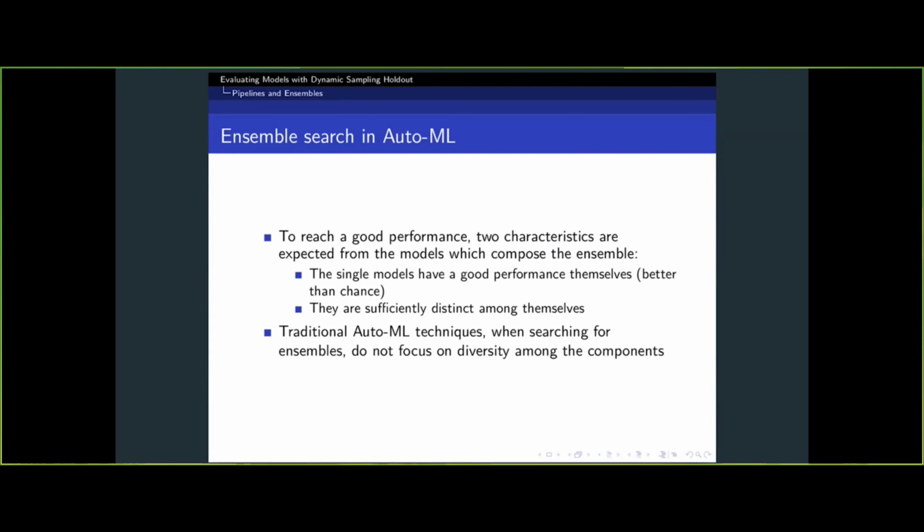But in AutoML, diversity in the search is normally not a priority. The traditional techniques just look for the best single model and combine what is found in the procedure. So if we're looking for ensembles directly, can we have a better performance?